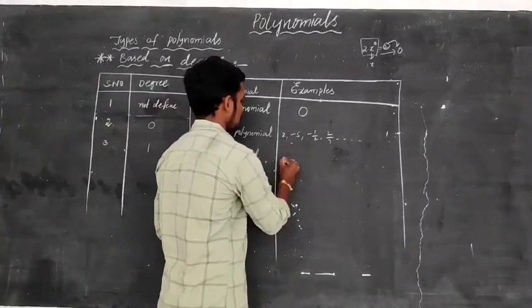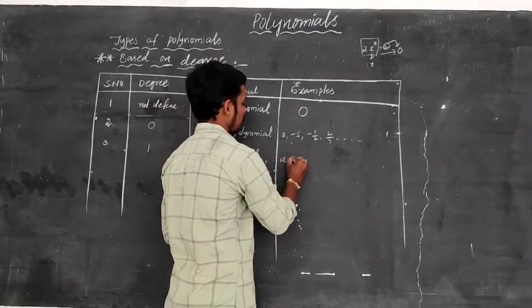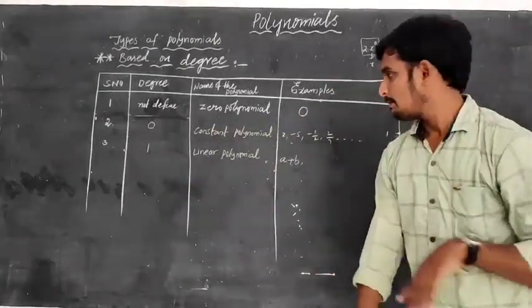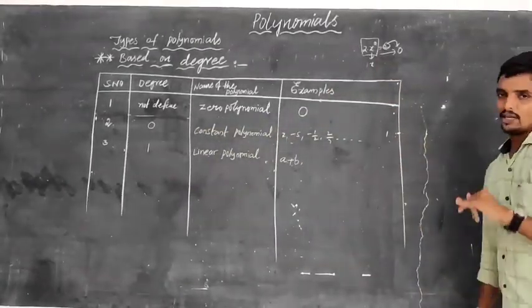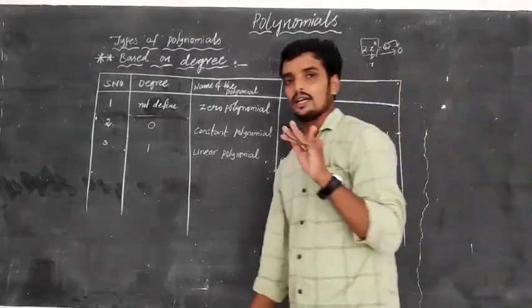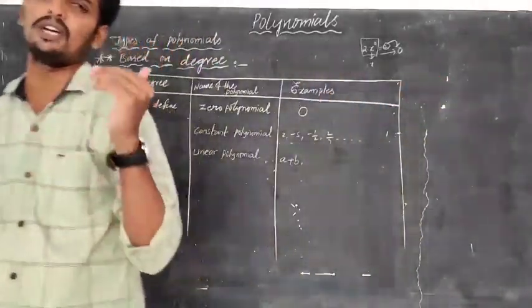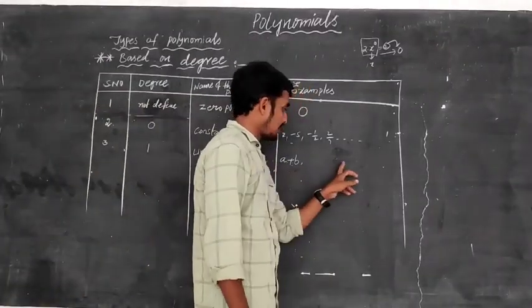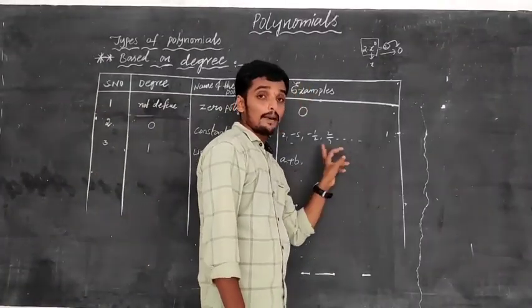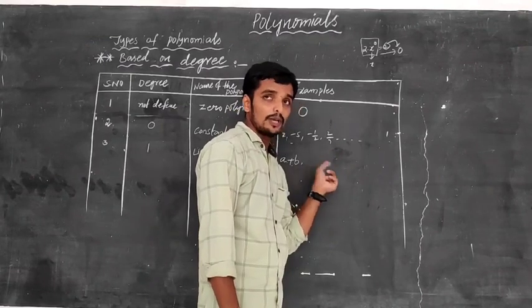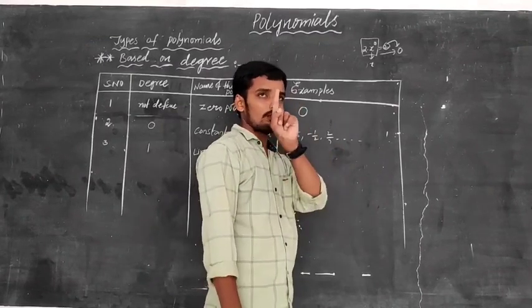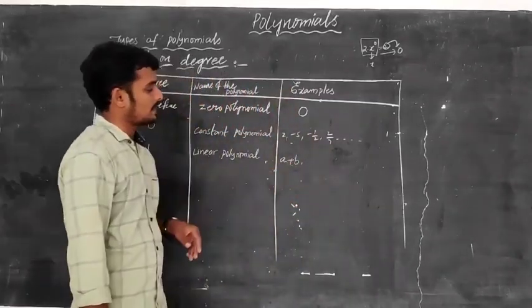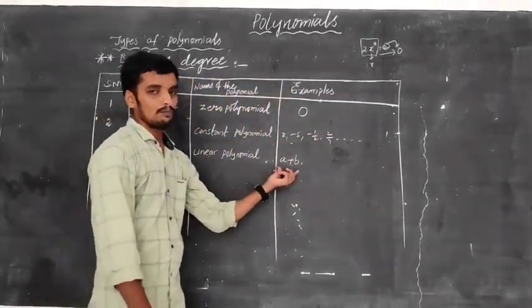So I am writing the examples here. a plus b. This is a binomial.